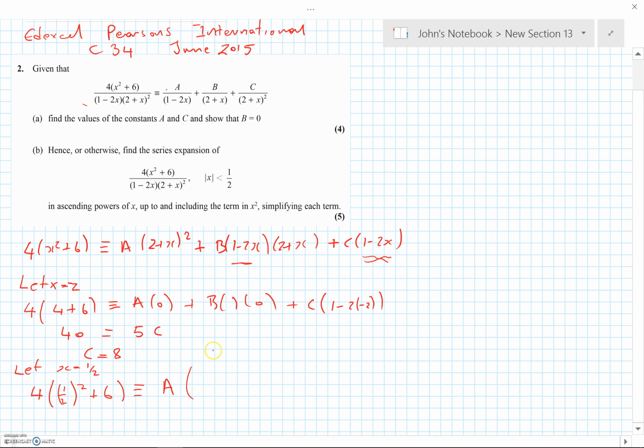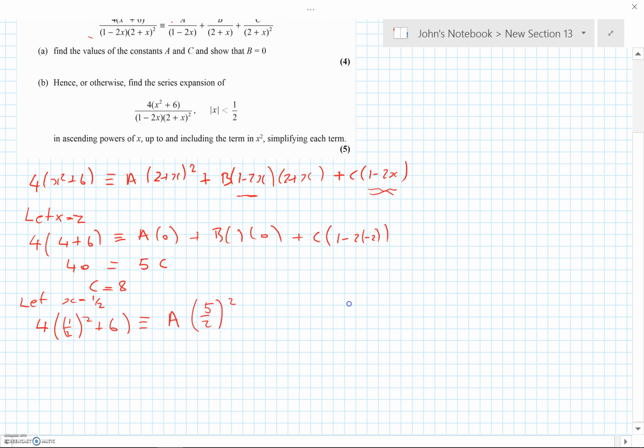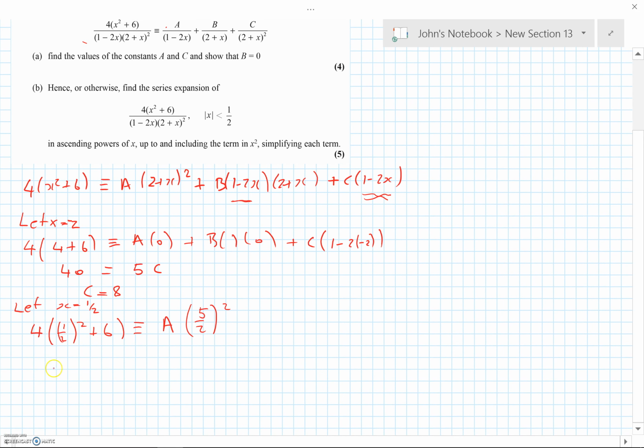So that's 2 plus a half, which is 5 over 2 squared. Once I multiply out, half squared is a quarter, and that times 4 is 1, so that's 1 plus 6, which is 7... and this is going to be 25 over 4, so a equals 4.